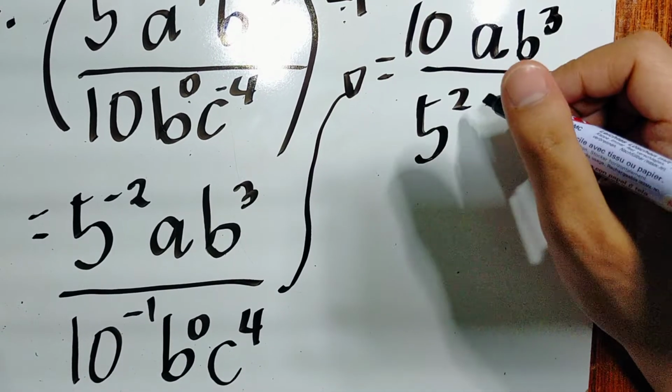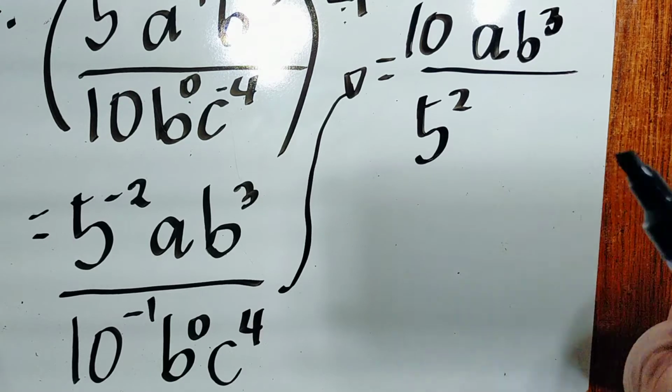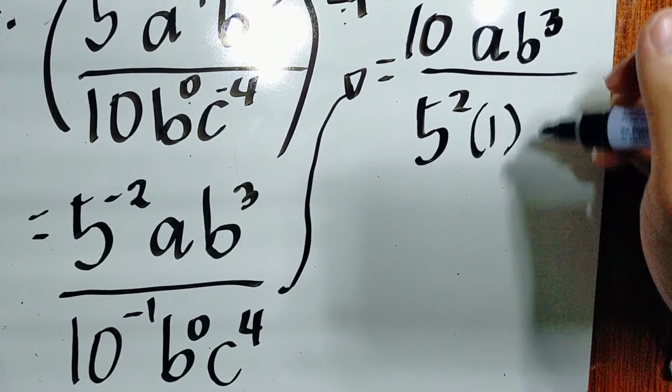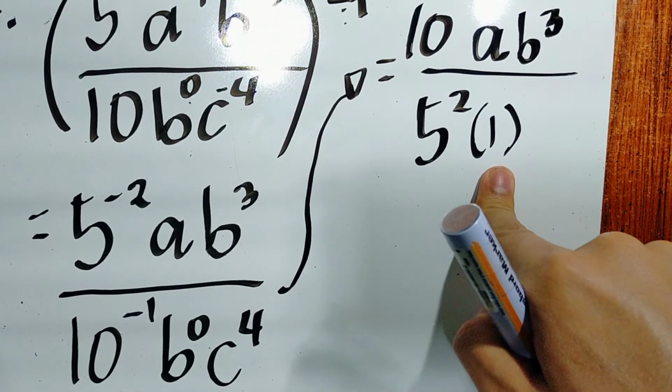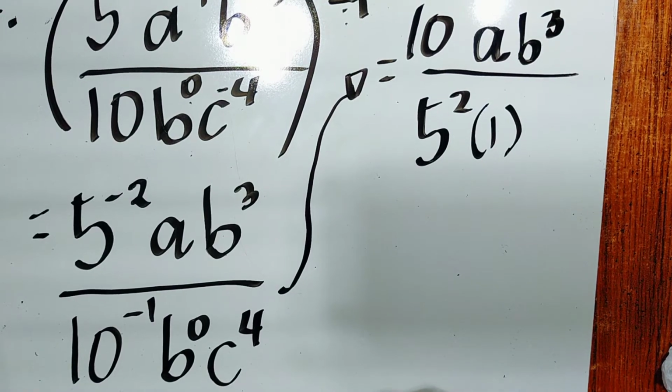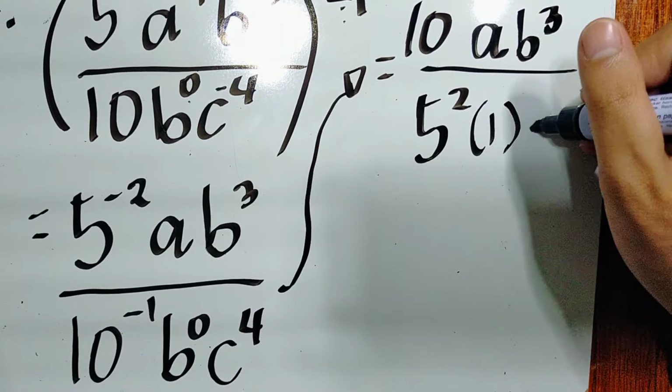Next, yung b raised to 0. B raised to 0 pa rin. Okay? Or, simply, 1 na lang. But, kahit hindi na natin isulat yung 1, understood na may 1 yan dyan. Okay? Sige, papakita ko lang para mas malinaw. So, c raised to 4, stay lang siya.